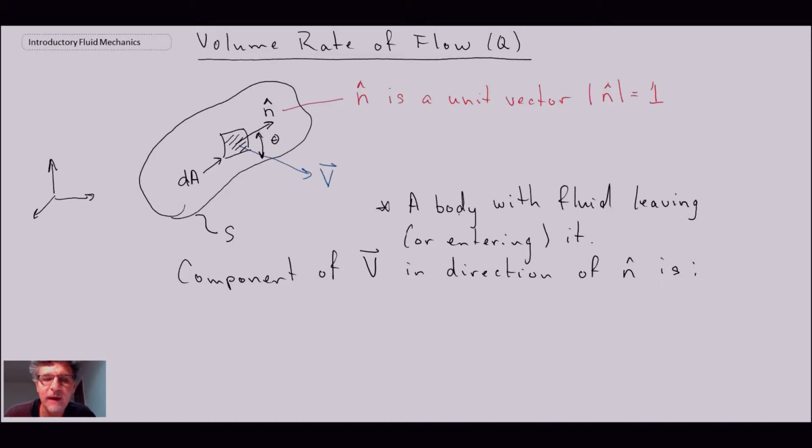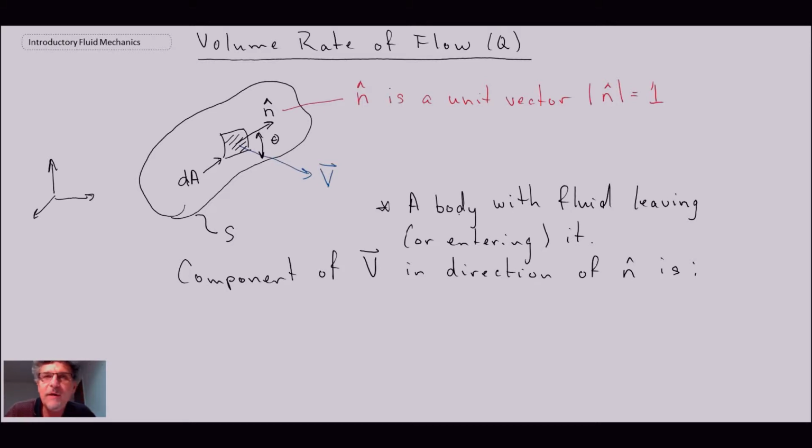The reason is that velocity going parallel to the surface doesn't leave the body, and consequently we're not interested in that. We want to know the volumetric flow or the velocity of the fluid in the direction of that unit vector, which is normal to the surface dA.